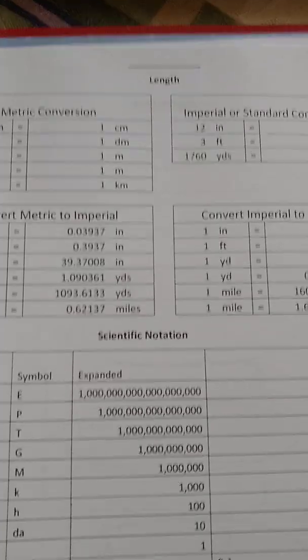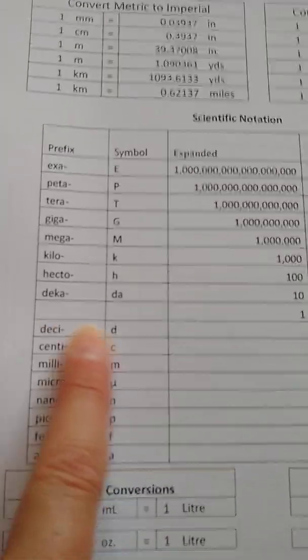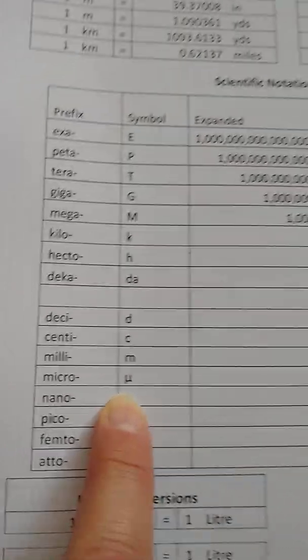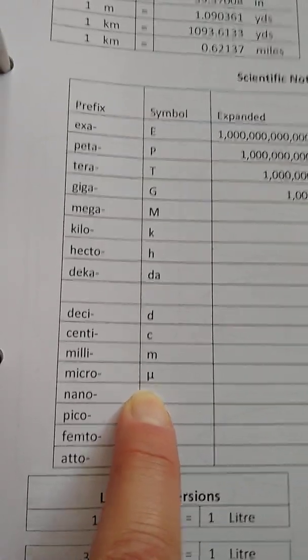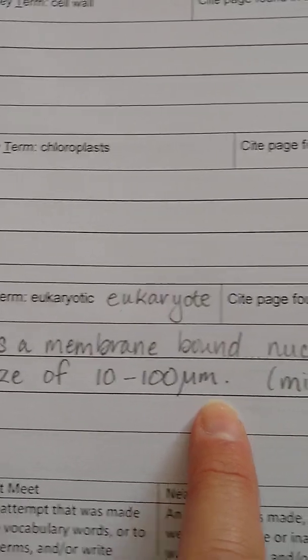This symbol, micrometer, is what we find back here on our page where I give you a whole bunch of symbols, the prefix and the symbol, and here is our symbol for micro. So this matches with that. A eukaryote is about 10 to 100 micrometers in width. That's how you're going to write out your definitions.